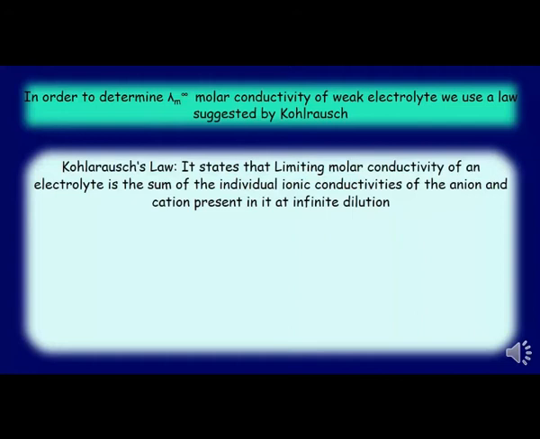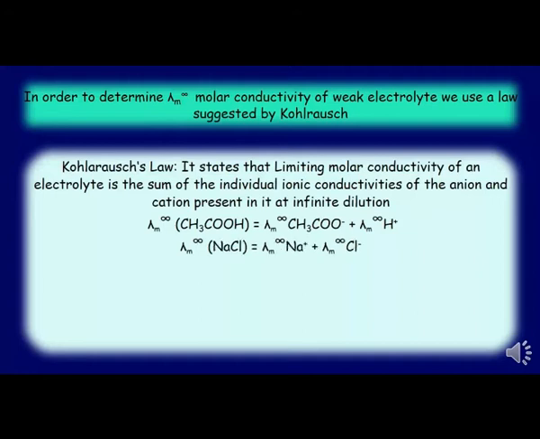Actually, this is quite simple. If you look at the mathematical representation, lambda infinity of CH3COOH is equal to lambda infinity of CH3COO minus plus lambda infinity of H plus. Lambda infinity of NaCl will become lambda infinity of Na plus and lambda infinity of Cl minus.